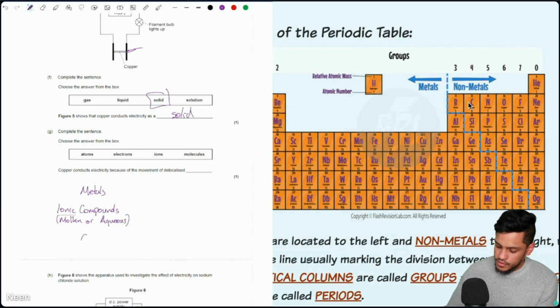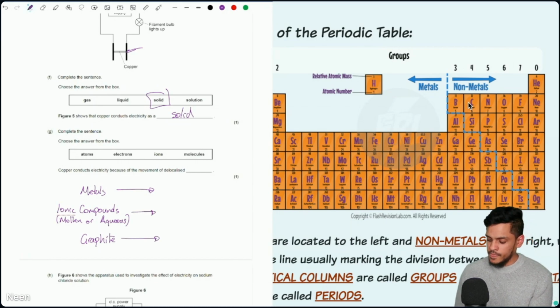And you've also got graphite. Those are the only 3 things that you'll learn. They have different reasons why they conduct electricity. Metals conduct electricity because of delocalized electrons. That's the answer to the question.